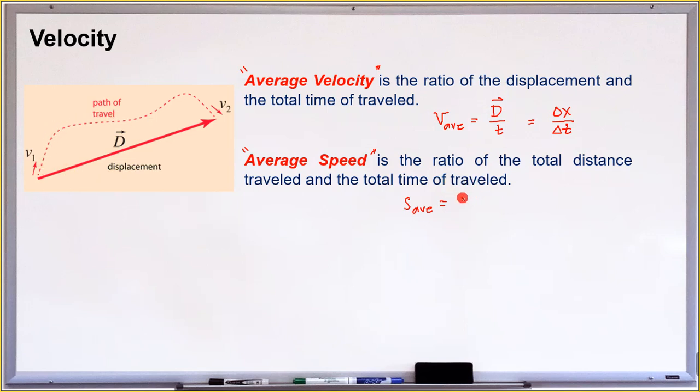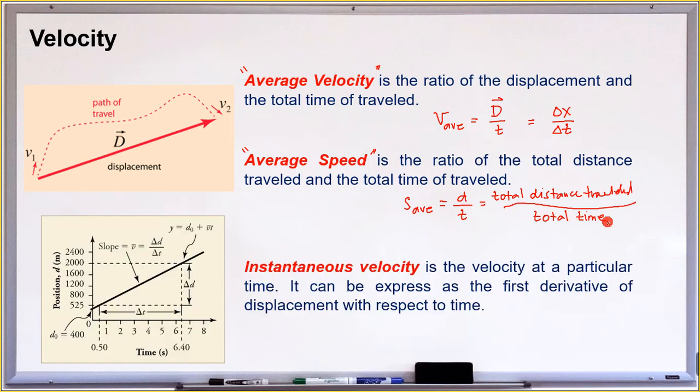We represent it as small letter d over the total time of travel, or we spell it out: total distance traveled over the total time. So there is a difference between the two.